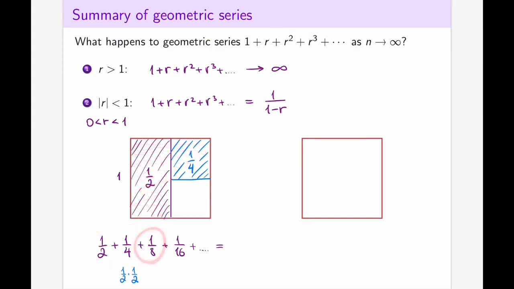What about 1/8? Well, conveniently enough, 1/8 is a half of a quarter. What I have unaccounted for so far is a quarter. A half of that will be 1/8. So I can cut that in half. This is my 1/8, and I shade that in. So the shaded portion so far is my sum, 1/2 plus 1/4 plus 1/8.